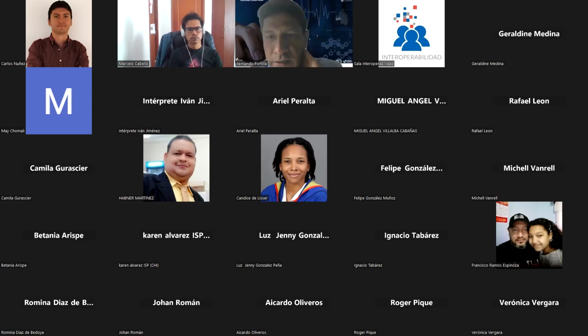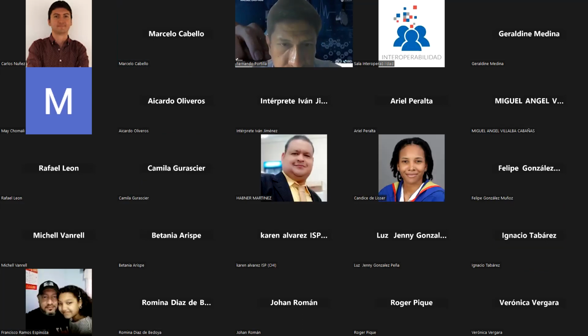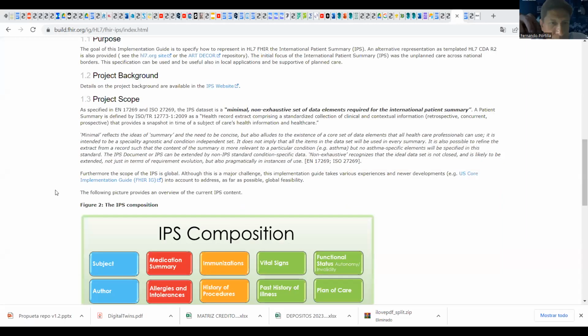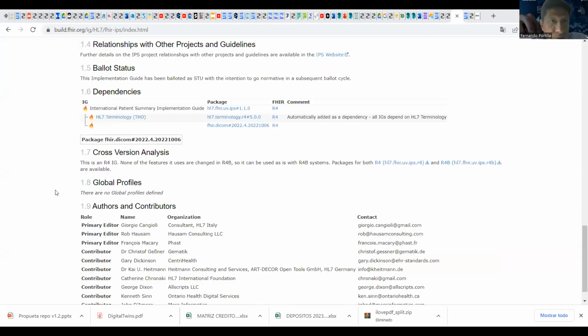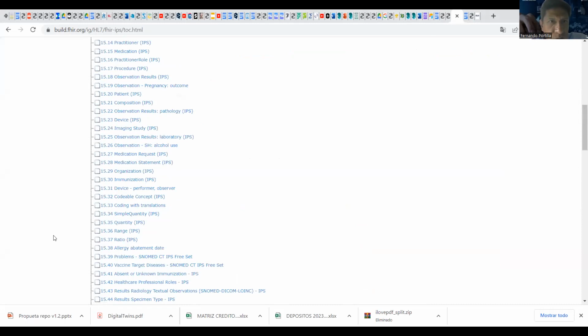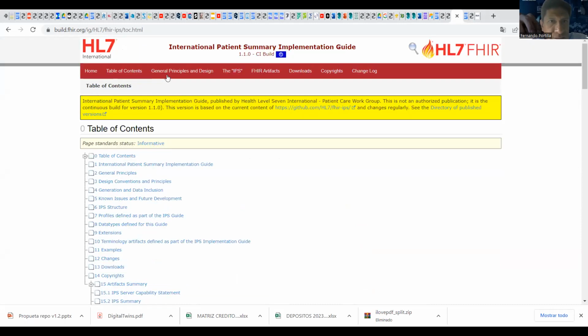Well, as with all the specifications in FHIR, everything's open. So let's go there. And this is precisely what we have been talking about. So what you can see is the different sections.